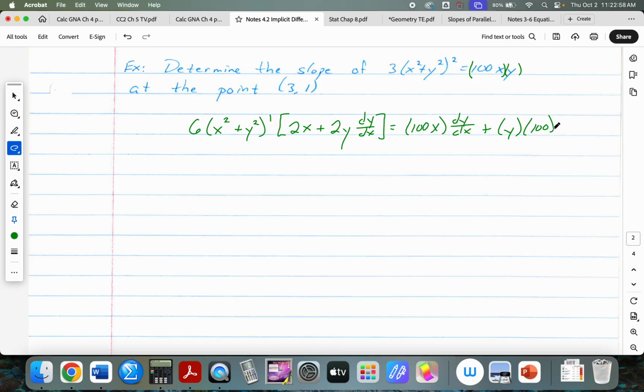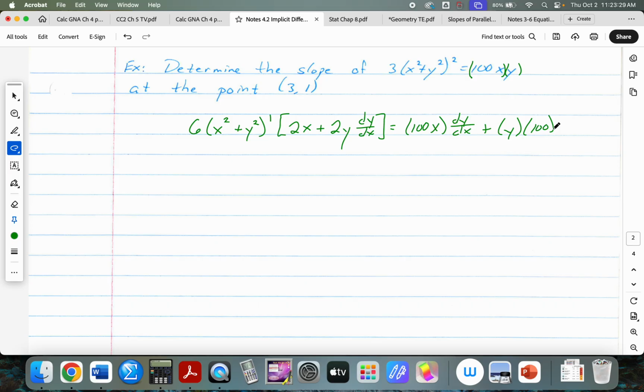Now, here's the important thing to keep in mind on this. They didn't ask you to solve for dy dx and then substitute in the 3, 1. They just said find the slope. So the slope is dy dx when x is 3 and y is 1. Especially on this one, I picked this one out because it's ugly.